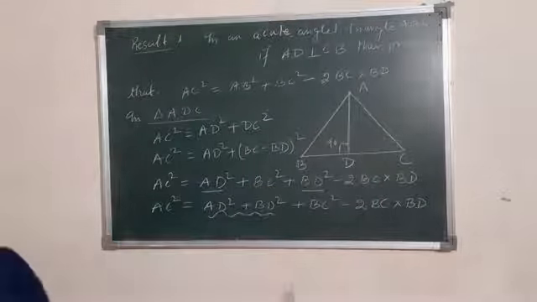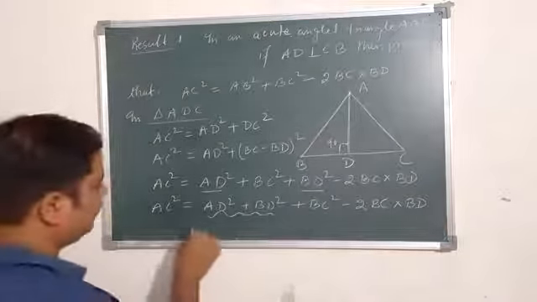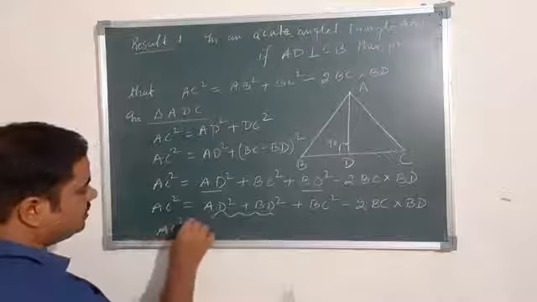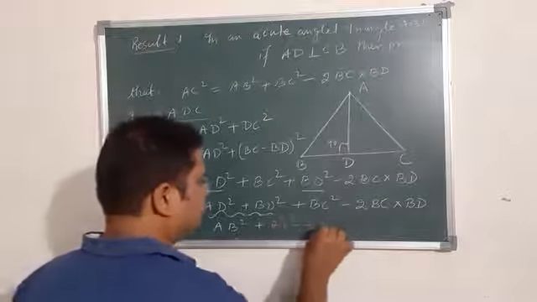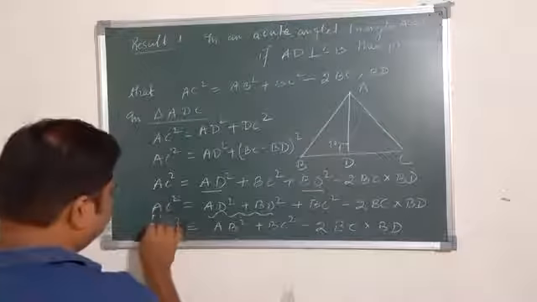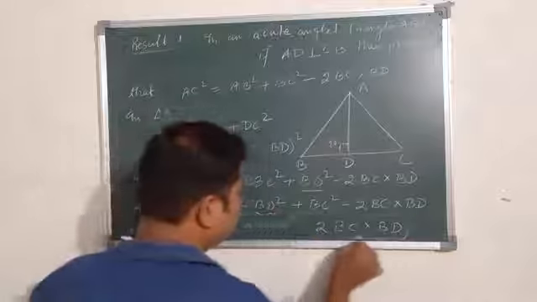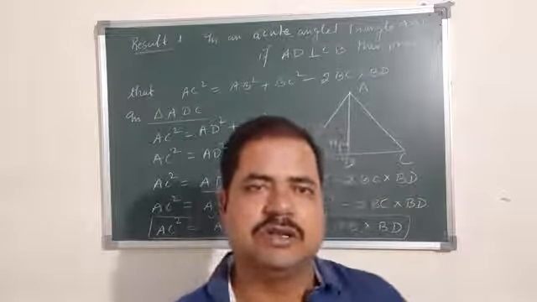So we can write AC square is equal to AB square plus BC square minus 2BC cross BD. So this is also a result based on Pythagoras theorem. So these are the two results.